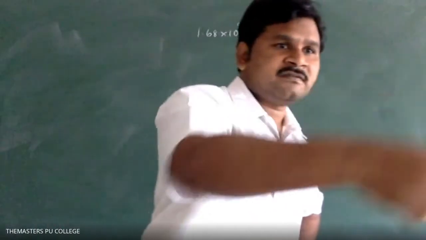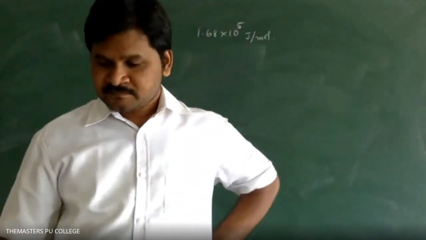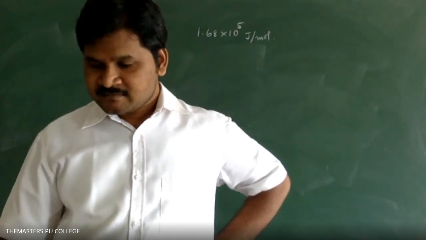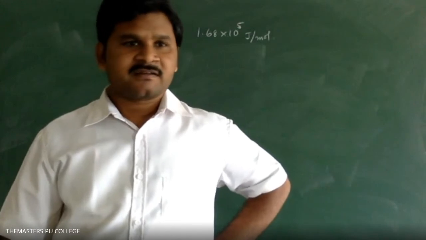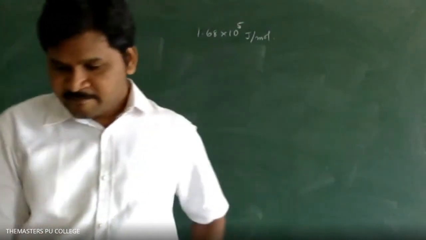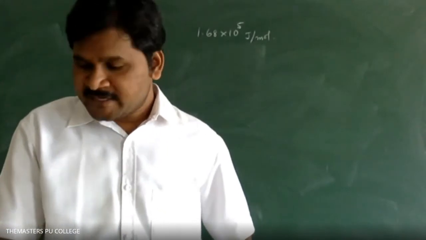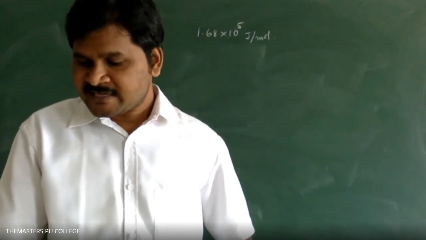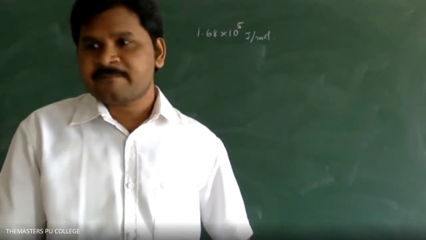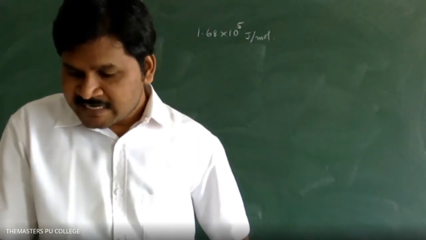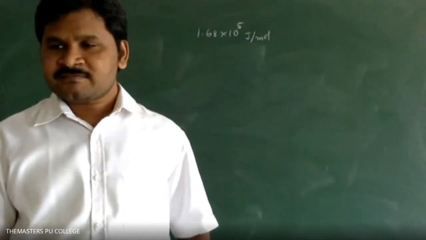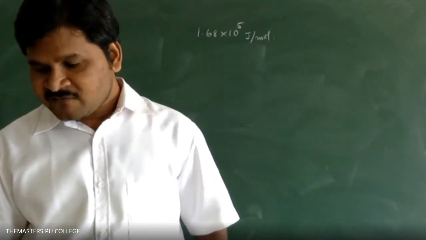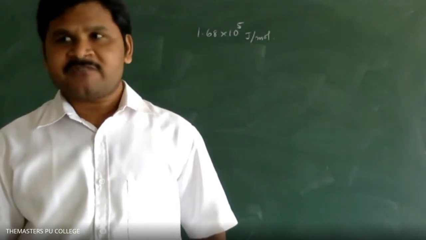I repeat. When electromagnetic radiation of wavelength 300 nanometer falls on the surface of sodium, the electrons are emitted with a kinetic energy of 1.68 into 10 power 5 joule per mole.